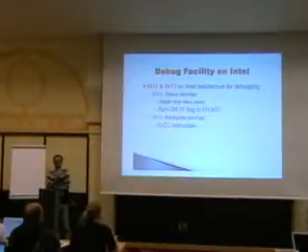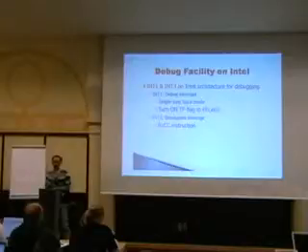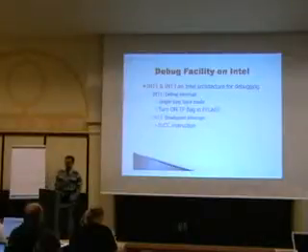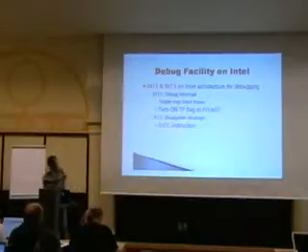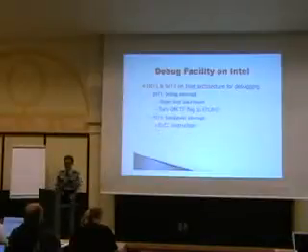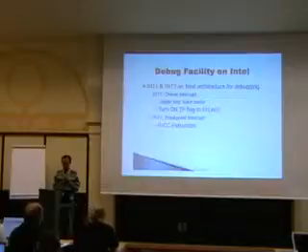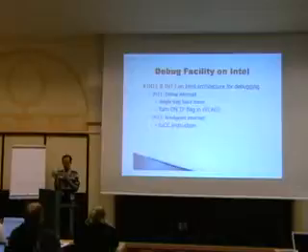Something about debugging on Intel. I think this one is familiar to everybody here. On Intel, they provide some facilities for debugging. The first one is single step: your debugging tool can step through your program.